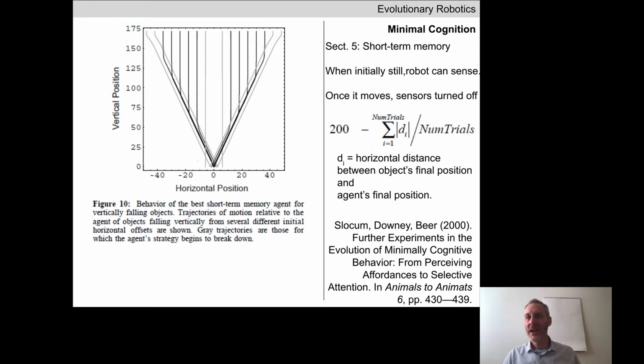As Lucas says, it moves at exactly the right speed to catch it. It gets there just in time, right? So all of these diagonal lines meet zero at a vertical position of zero.